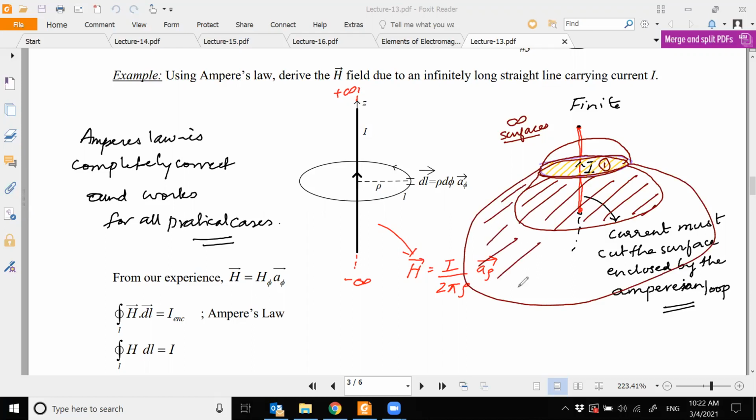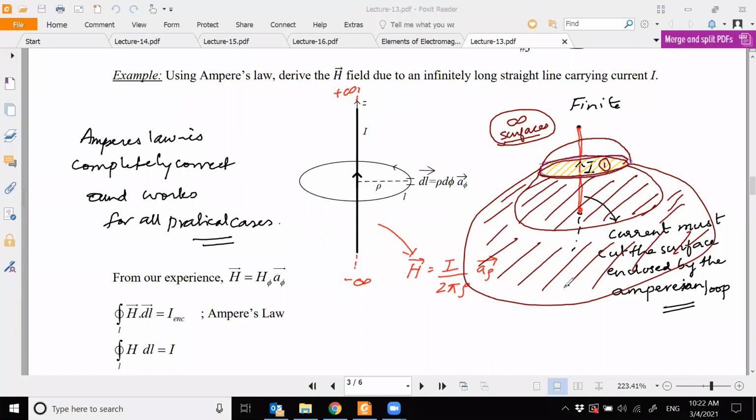Yes. So in order to have Ampere's law work, your current must cut each and every surface which is enclosed by your Amperean loop. That means it must cut all the infinite surfaces.